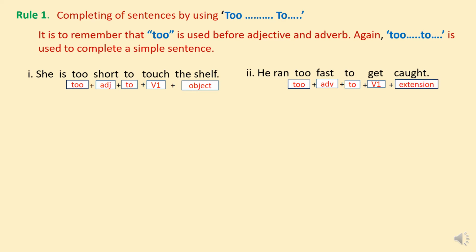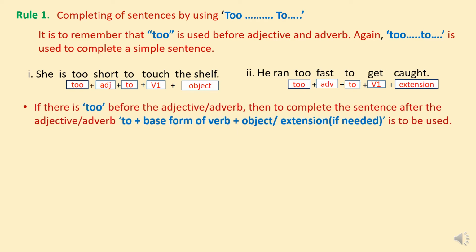So dear students, here the structure we can see: if there is too before the adjective or adverb, then to complete the sentence after the adjective or adverb, to plus base form of verb plus object or extension, if needed, is to be used.